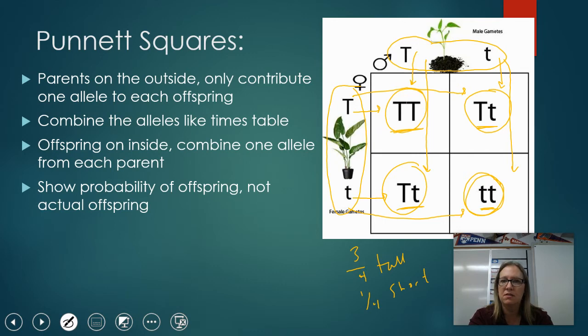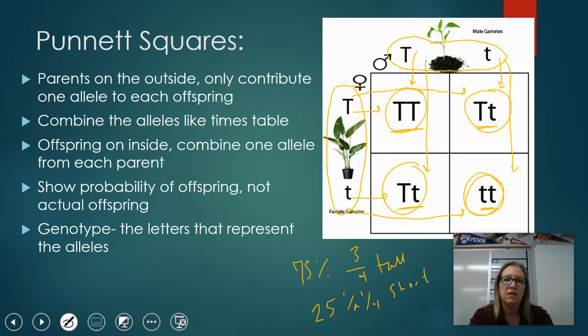What it means is if this plant had 100 offspring, we could assume that about 75% of them would be tall and 25% of them would be short, okay? So you can use either a fraction or a percentage to talk about the probability that's shown from these, okay? The genotype is the actual combination of letters.